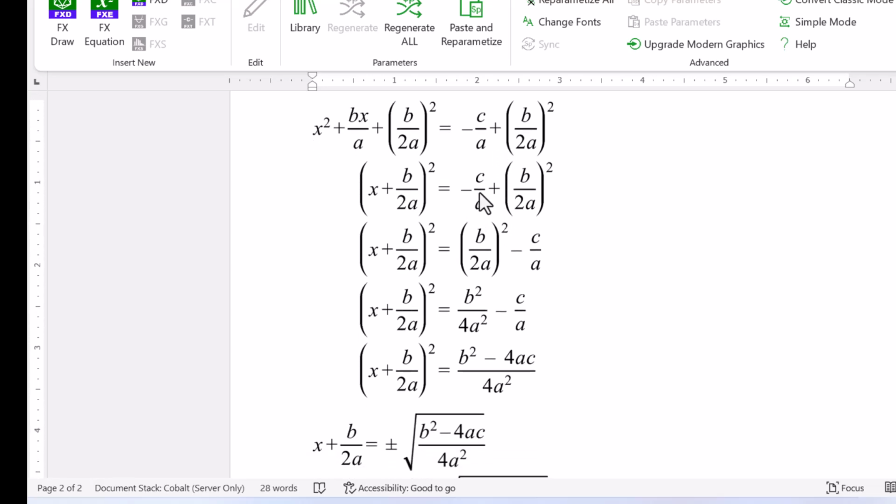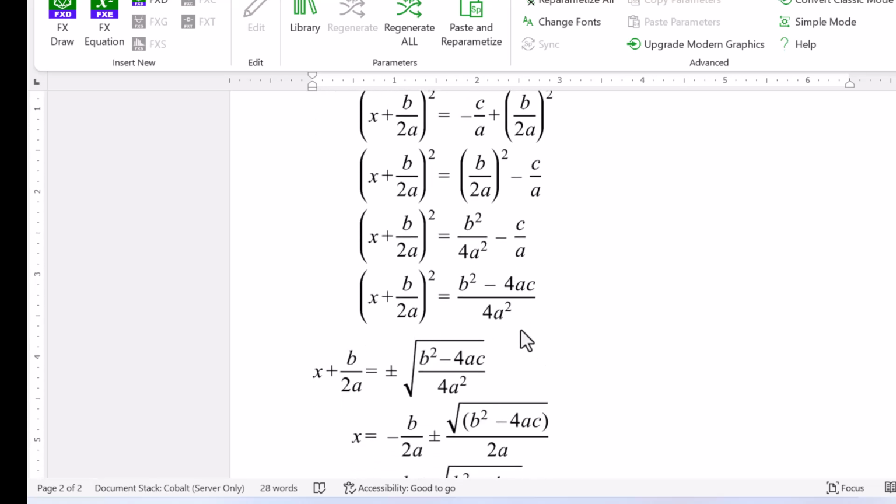Now that I've done this, it's for me to take this one to the lowest. Going further, I expanded this bracket, which gives b squared over 4a squared. Found the LCM, which is 4a squared, divided by 4a squared is 1, times b squared, which is b squared minus 4a times c, that is 4ac.